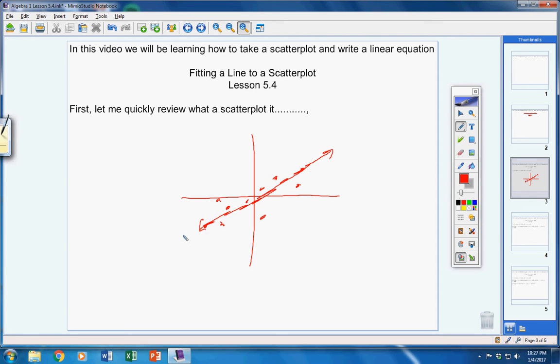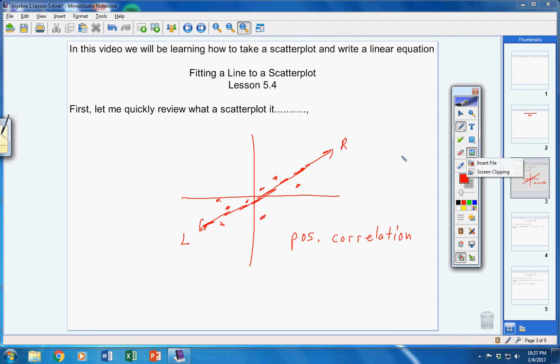Okay? And here's the left side, here's the right side, and the line is going upward from the left to the right. So this scatter plot here would have a positive correlation. That's pretty easy to see. It's not really difficult, okay?